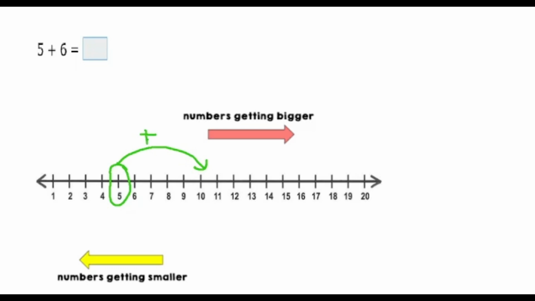So we just jumped 5, but we're supposed to jump 6. So if we jump one more, we end up at 11.